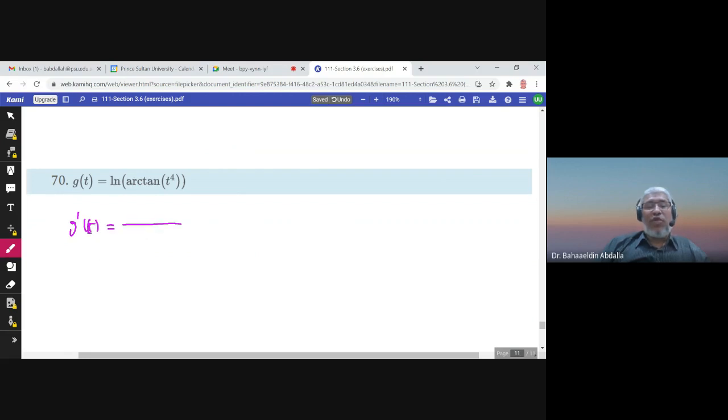Derivative of ln is 1 over arctan, which is tan inverse, times the derivative of tan inverse, which is 1 plus u square. U here is t to the power 4. When you raise it to the power 2, you will have t to the power 8 times the derivative of t to the power 4, which is 4 t to the power 3. So that's the final answer.